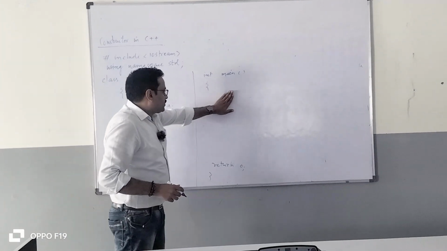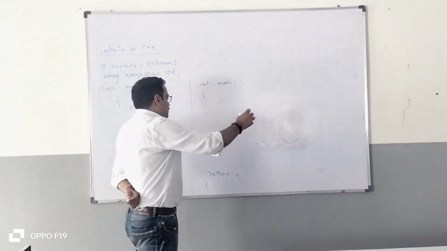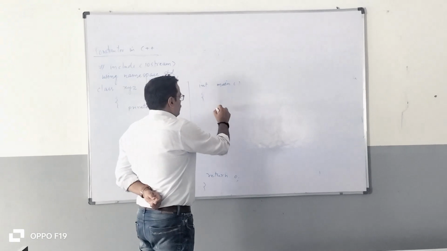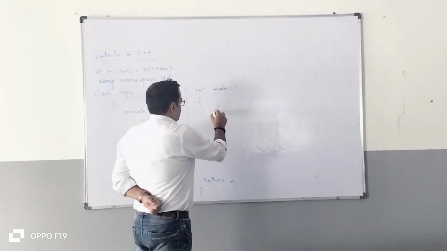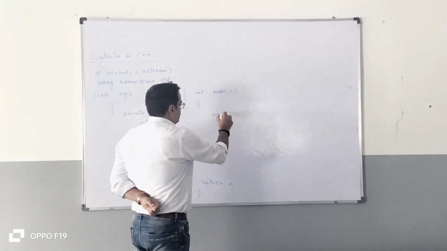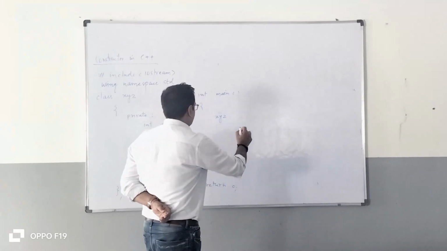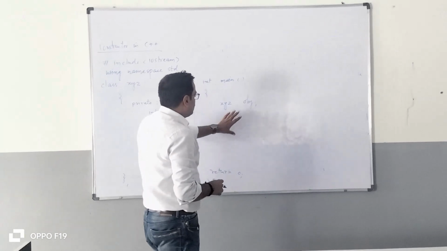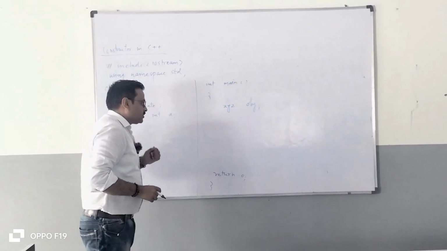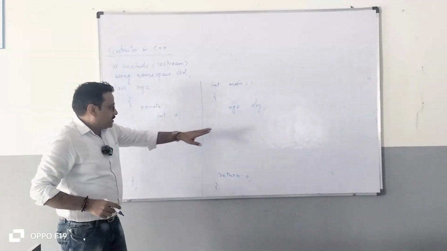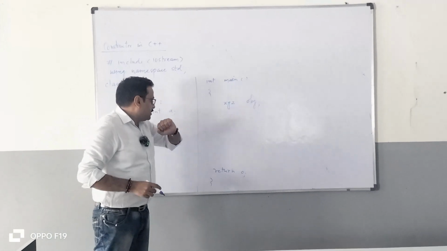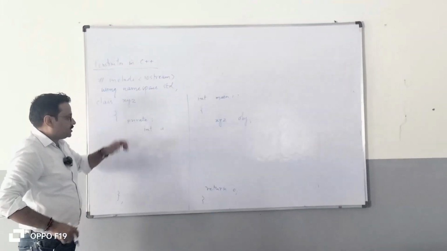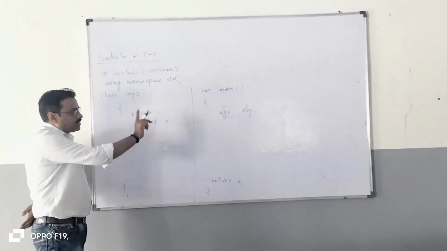Here in C++, simply we create the object by writing the class name. Let's say class name is xyz, then object name. Let's say ok. In this way, the object is created in C++. Right now we do not have any constructor here, but the object will be created.